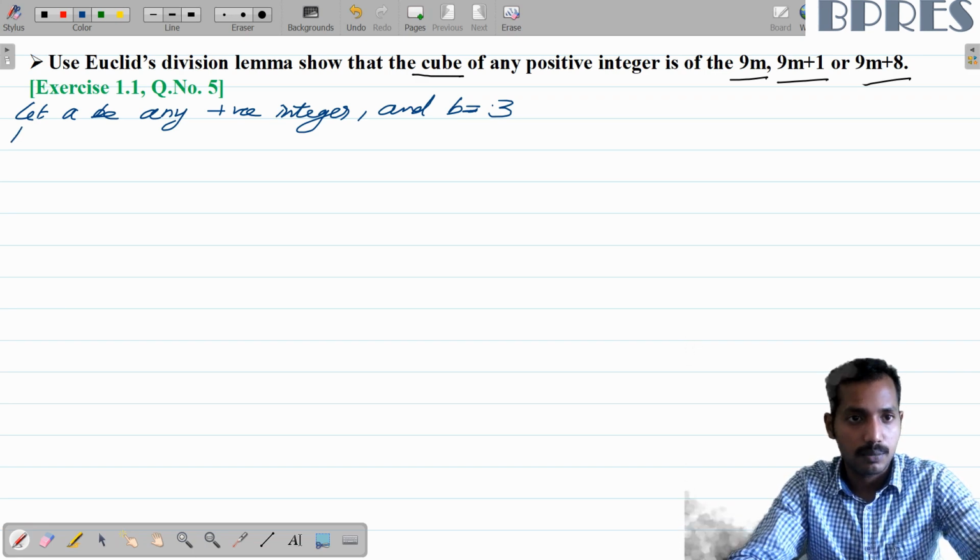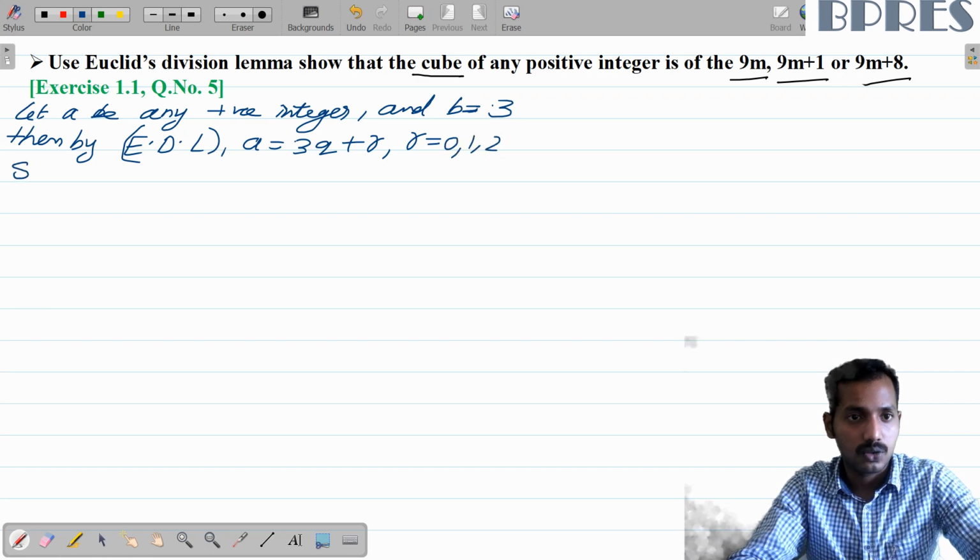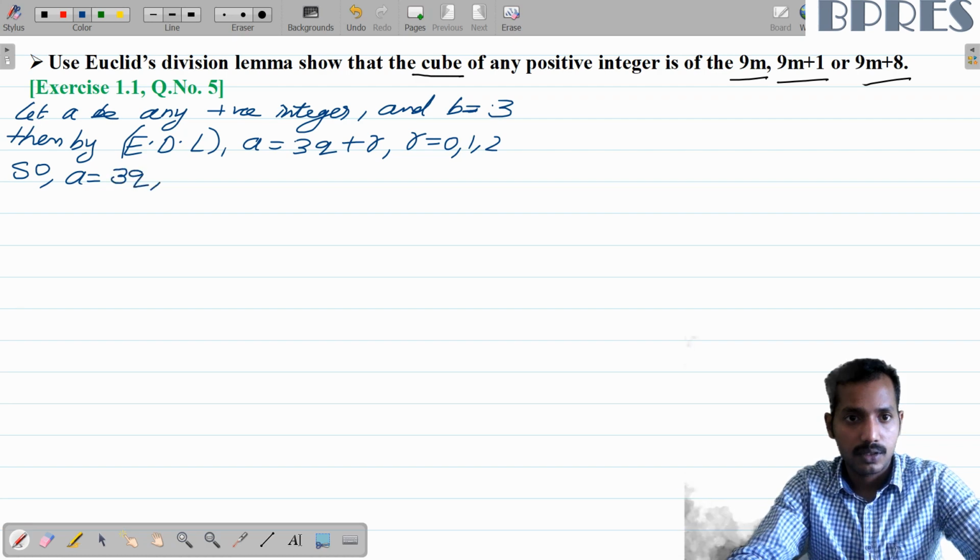So what will we get? By Euclid division lemma, we get a is equal to 3q plus r, where r is equal to 0, 1 and 2. So a is equal to 3q, 3q plus 1 and 3q plus 2.